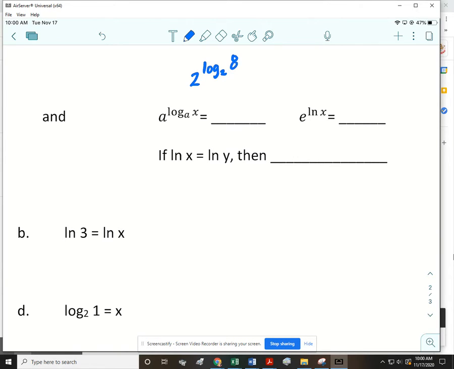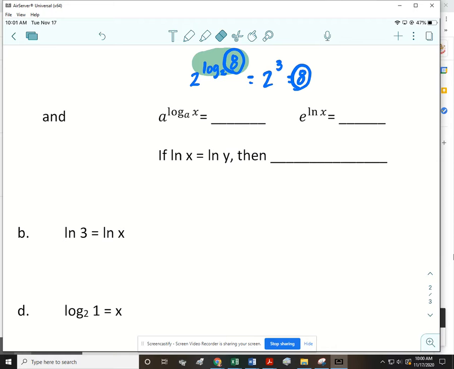So 2 raised to the log base 2 of 8. I just picked 8. All right, we would start with the power. And log base 2 of 8 is like 2 to what power gives you 8? And that's going to be the third power. So that's just going to be 3, right? And then 2 to the third is 8. So we did end up getting the same thing there.